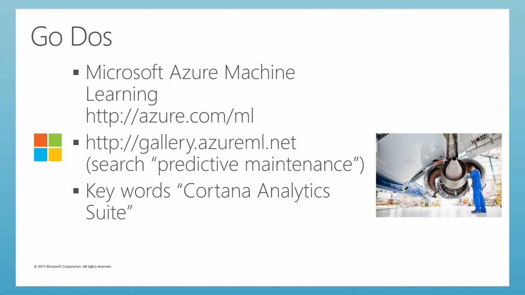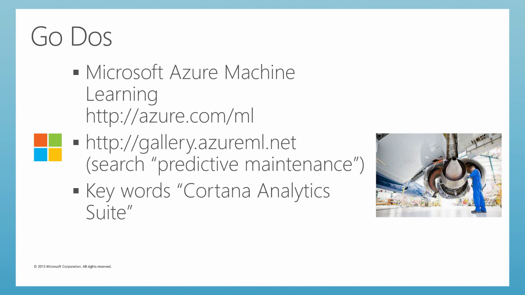I really encourage you to try out Azure ML. There is a bunch of sample experiments available in the Azure ML Gallery, covering different use cases. You can find one you are interested in and just open it in your workspace. The experiment will be automatically copied into your workspace, and then you can start manipulating it.